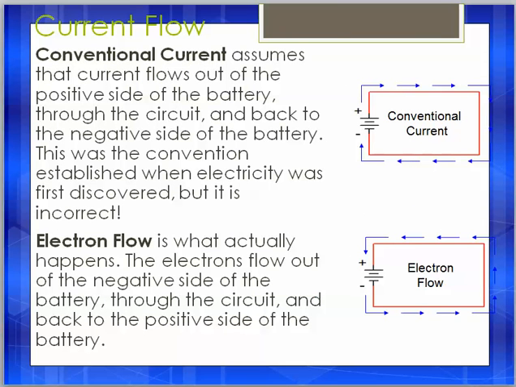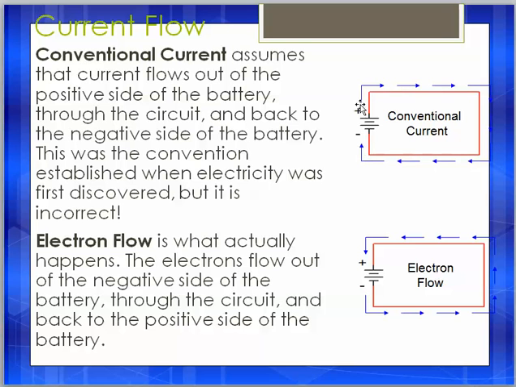Next thing we're going to talk about here: conventional current and electron flow. It used to be, before they knew about electrons, and those of you in physics know about this really well, they assumed it was the protons that were moving. They had to assume something, so they just assumed the protons. If I had to guess, probably because they could see the protons and they couldn't see the electrons. So when we talk about conventional current, we talk about how protons would be moving through a wire.